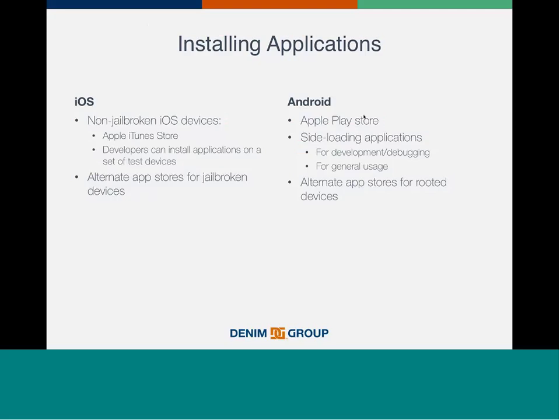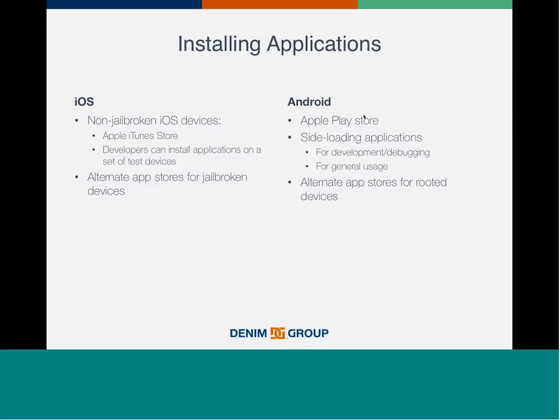For installing applications on non-jailbroken iOS devices, the typical path for a general user is the Apple iTunes Store. Also, developers in the developer program have the ability to install applications on a limited set of test devices for testing. And in the case of jailbroken devices, there are alternate app stores where you can install applications.